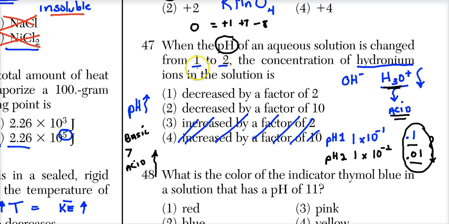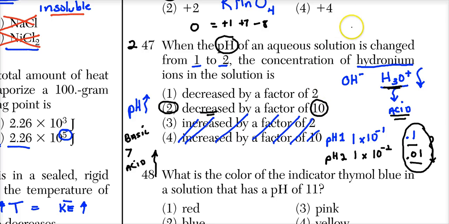It's not doubling. You're increasing by 1 pH, and 1 pH is 1 exponent base 10. So it decreases by a factor of 10. Tricky question there. So we would say that the acidity decreases because the pH is rising, and because it moves from a pH of 1 to 2, that means you're moving 10 times.